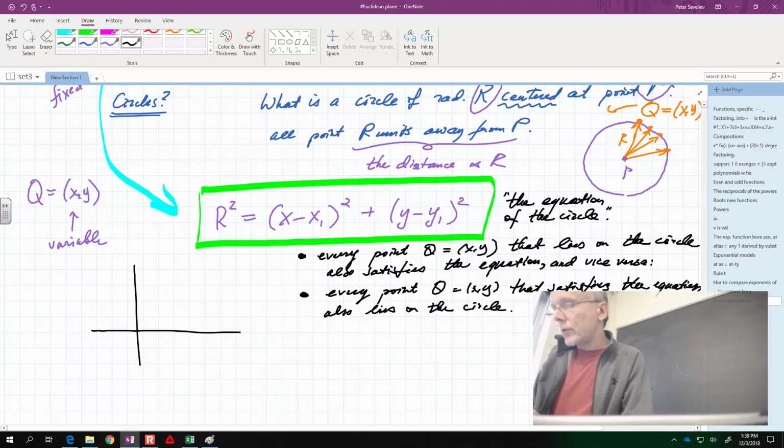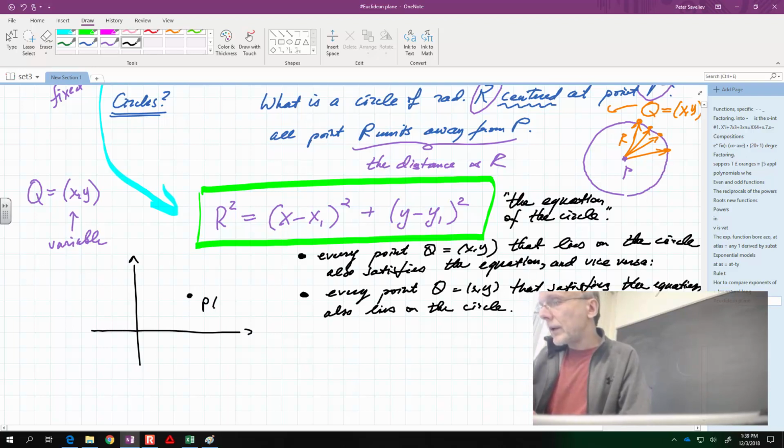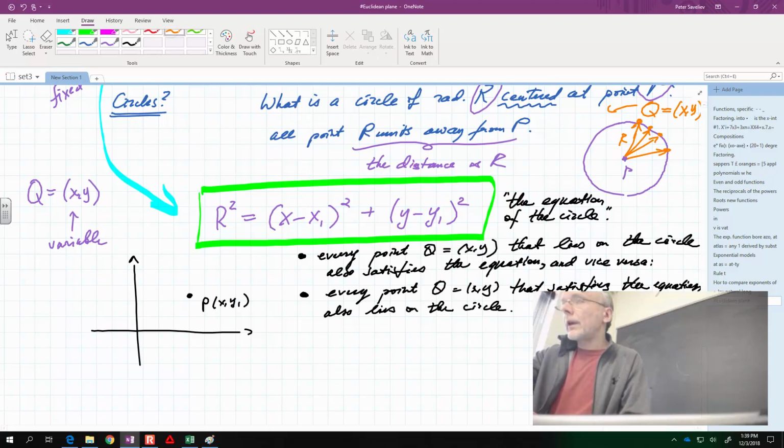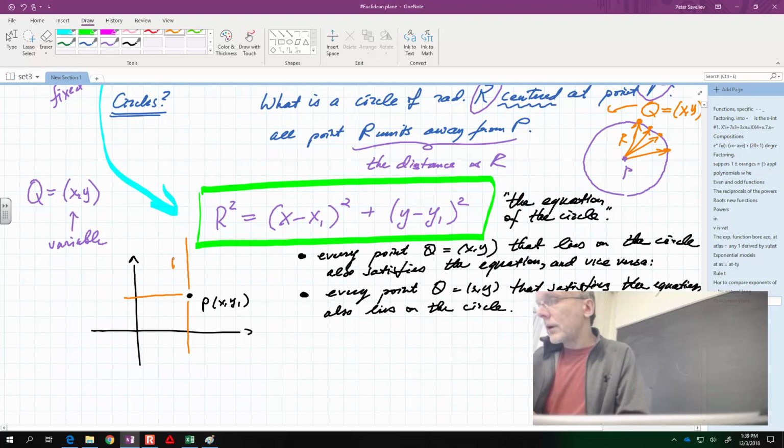To emphasize this, take the point P at x1, y1 somewhere, and then take the radius and go in four directions like this, measuring the radius in the four directions to begin with. That gives you the rough idea of where the circle lies.